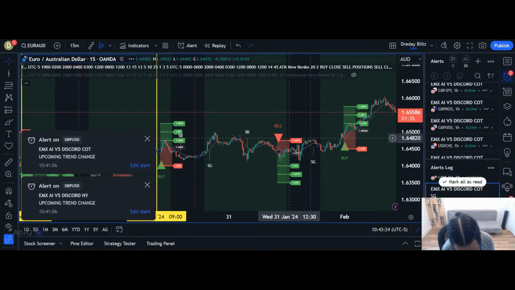You just have to follow the COT, and you trade off of the COT pairs, and that'll be it. It's very simple.